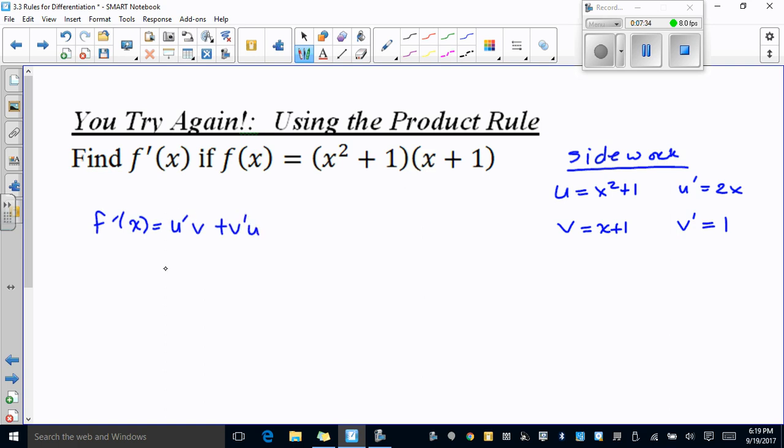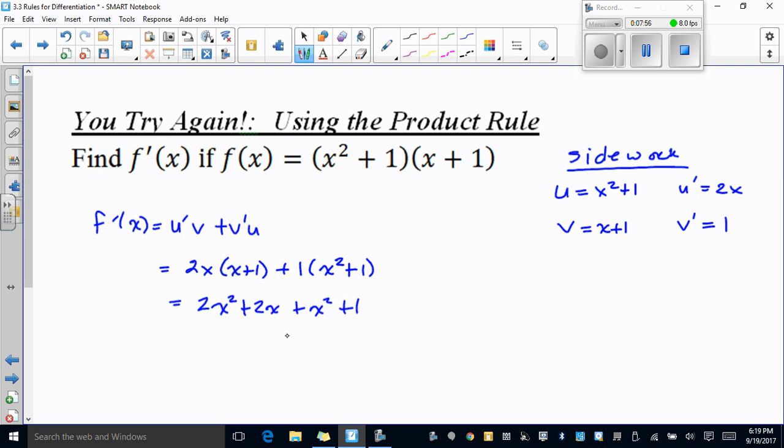So we get 2x times x plus 1 plus 1 times x squared plus 1. So we get 2x squared plus 2x plus x squared plus 1.